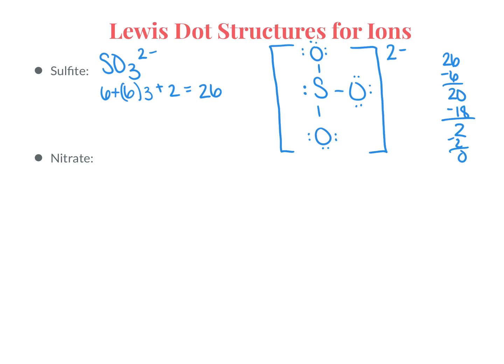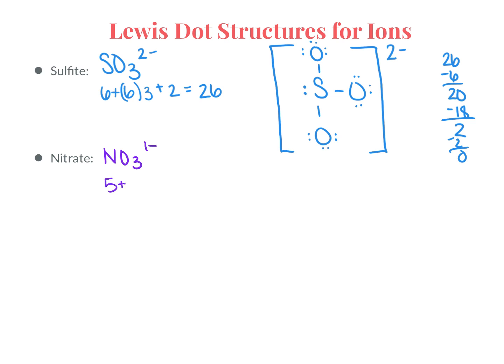Okay, let's look down at nitrate. It's similar, and there's going to be one extra step on this one. Nitrate has a formula of NO3 with a -1 charge. How many valence electrons does nitrogen have? 5 for nitrogen.